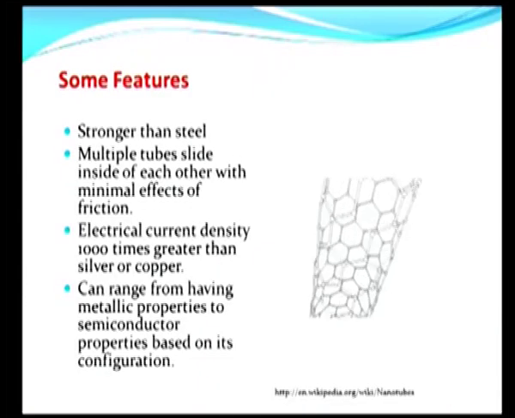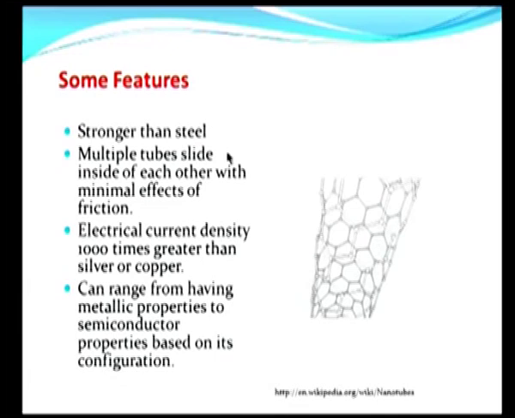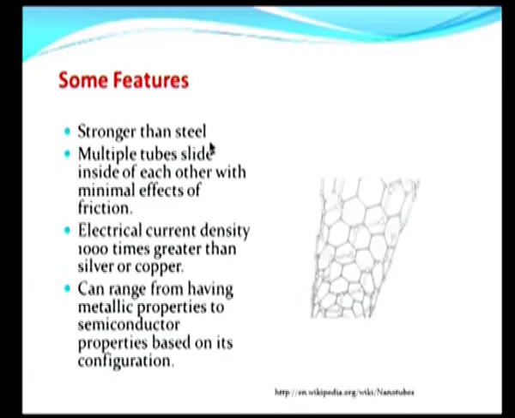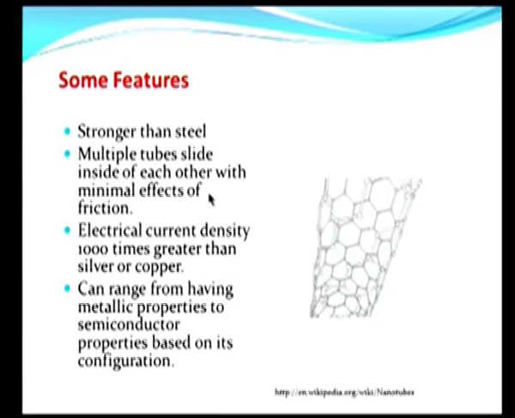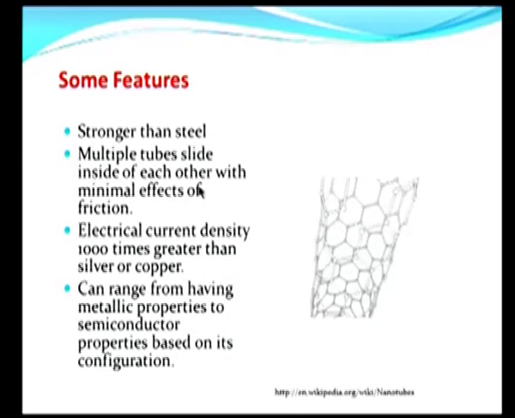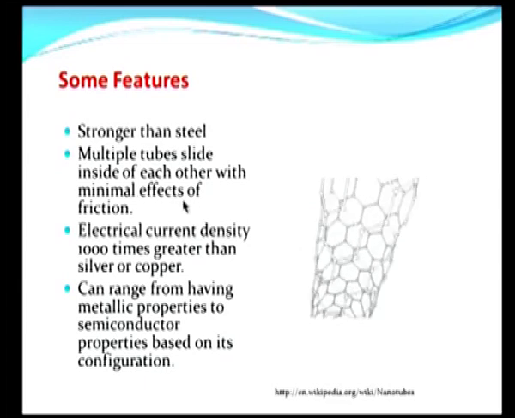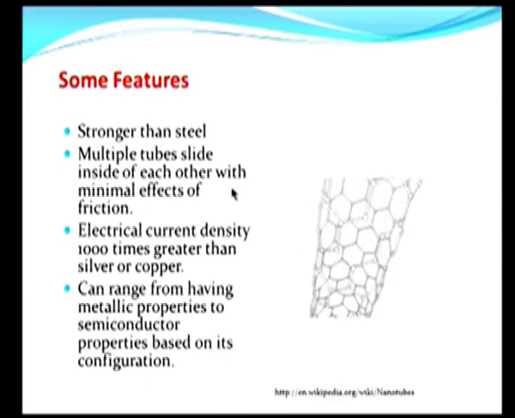Some features of these carbon nanotubes is that mechanically it is stronger than steel, multiple tubes can slide inside of each other with minimal effects of friction. So, it can be a very good lubricant material.